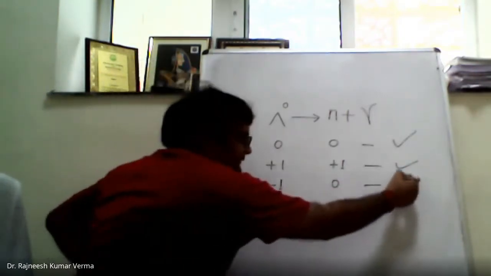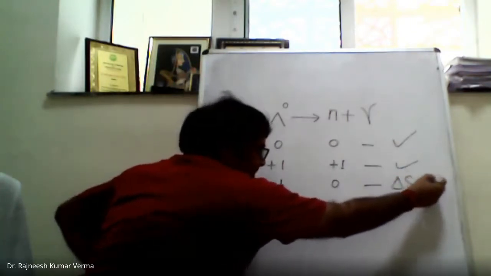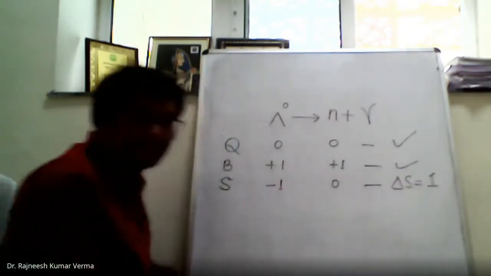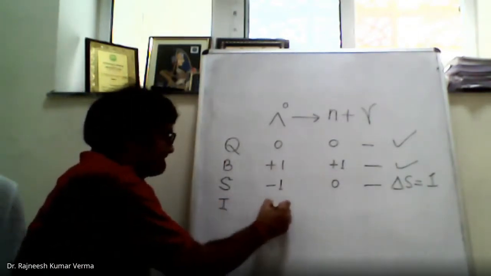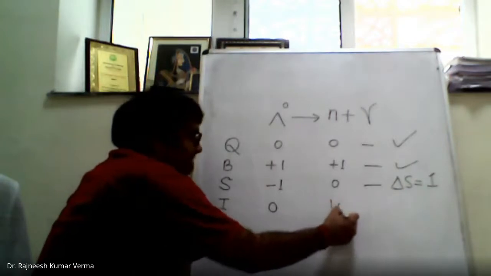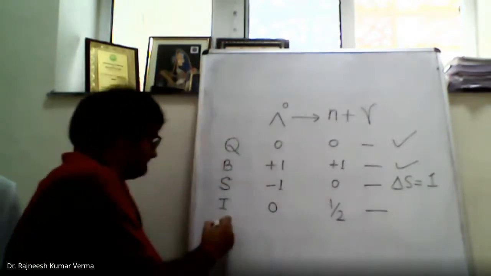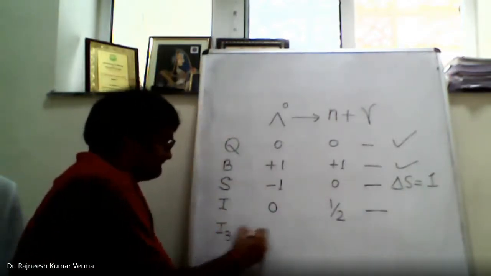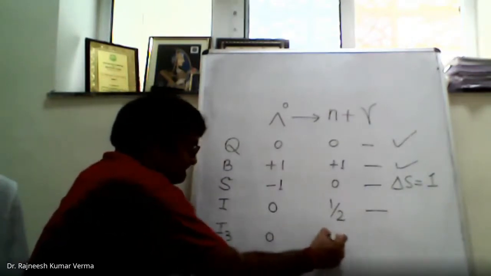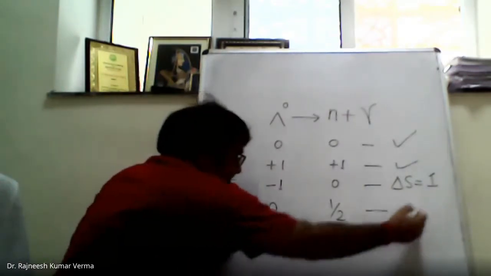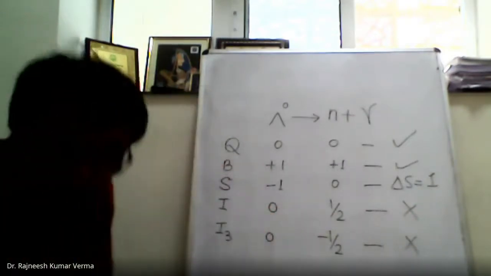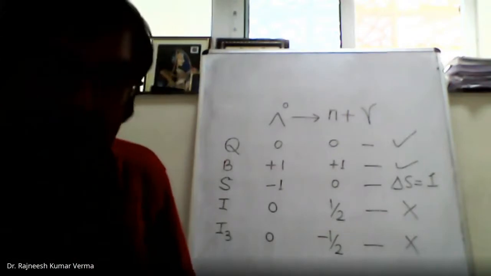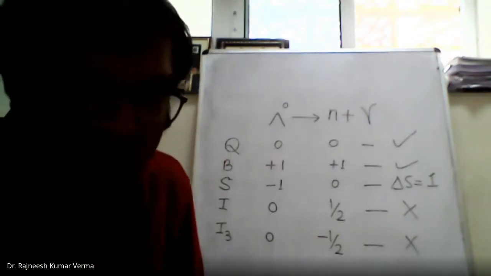So delta S is 1. So here neither I nor I3 is conserved.